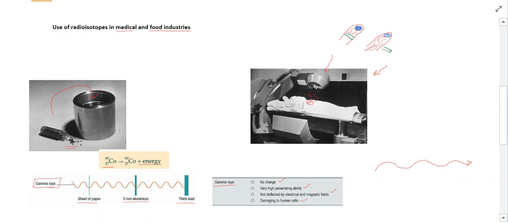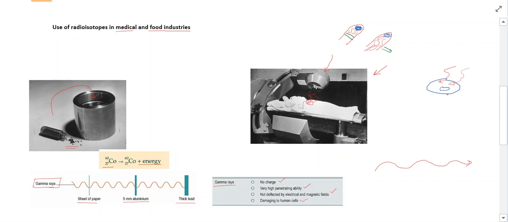If you have a cell, let's say this is a normal healthy cell, when it gets hit with gamma radiation, it's going to break up and destroy the cell, or it'll damage the cell.